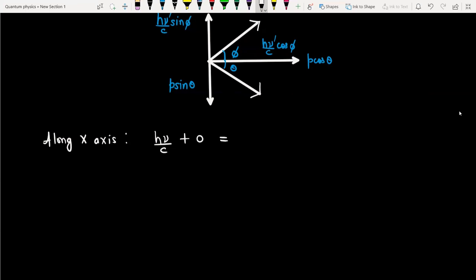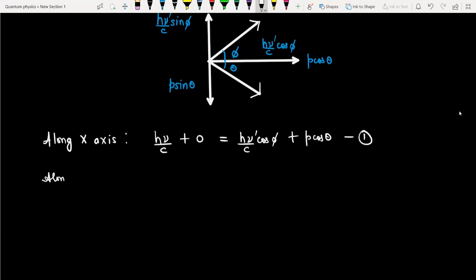After collision the linear momentum will be h mu prime by c cos of phi plus p cos theta. This is the linear momentum along the x-axis of the scattered photon, and this is that of the scattered electron. Let's call this equation 1.